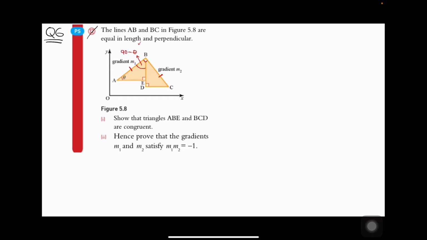Because angles in a triangle have to add up to 180, the third one has to be 90 take away theta.